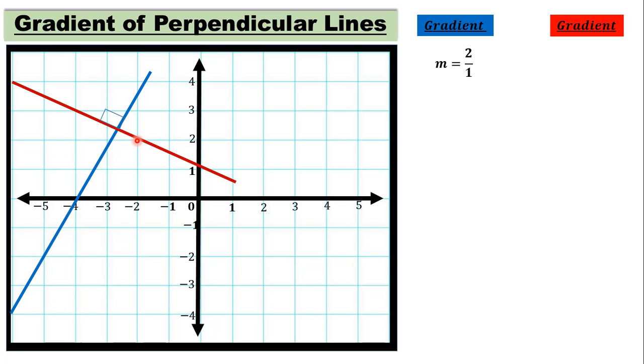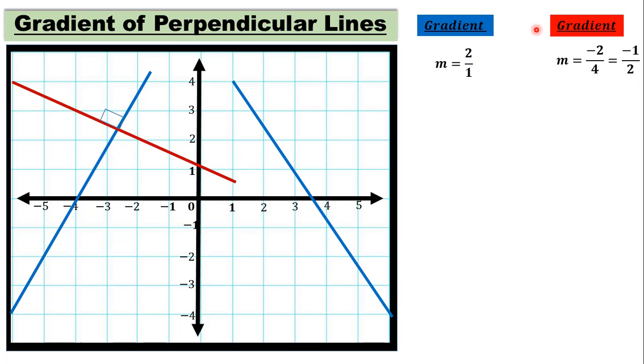So the gradient of this red line will be equals to minus 2 units in y direction over 4 units in the horizontal direction. And if we simplify it, we will get minus 1 over 2. So the gradient of blue line is 2 over 1 and the gradient of red line is equals to minus 1 over 2.